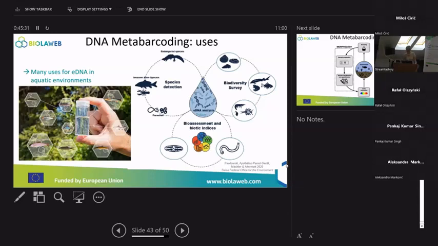And you can also use the tool to calculate the values of some biotic indices using biological quality elements that are used for the biomonitoring of aquatic environments. And that will be more the topic today and tomorrow.